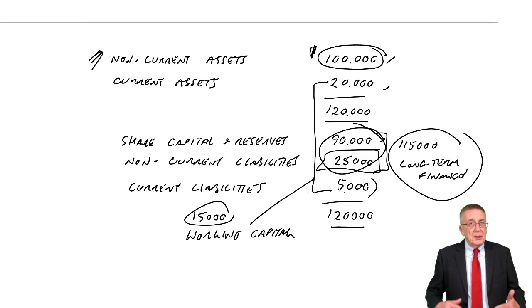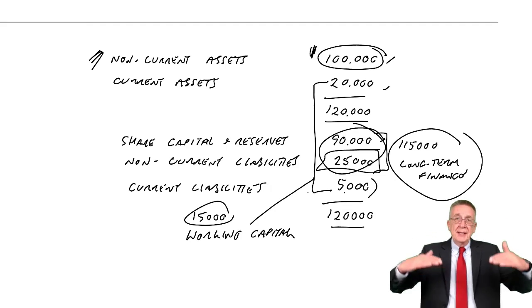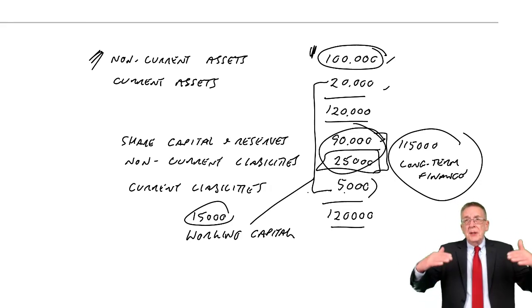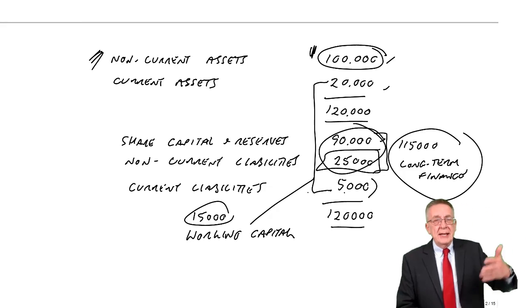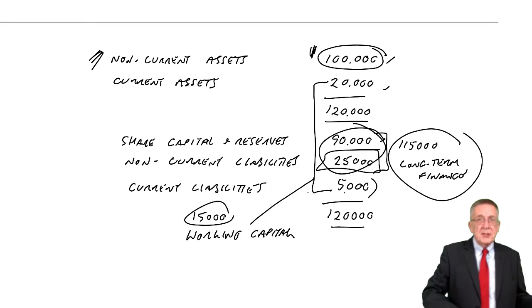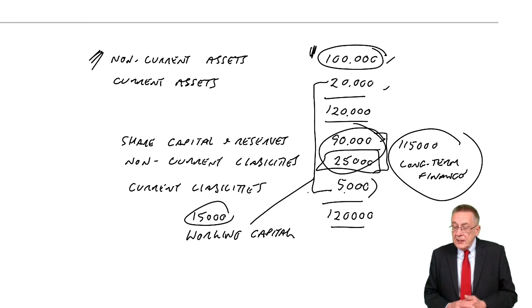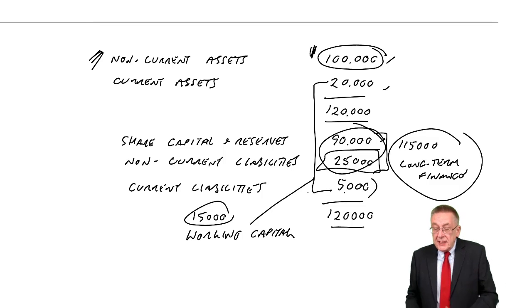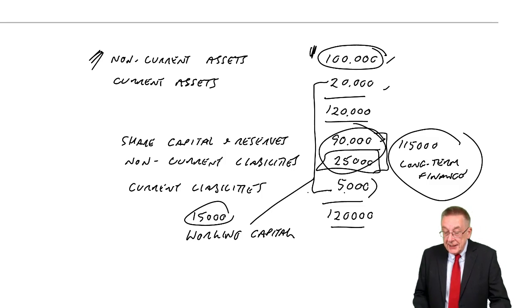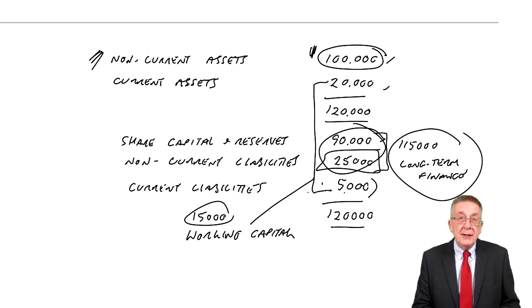But working capital stands to fluctuate. You sell goods, you have high receivables, they pay, your receivables go down, inventories are going up and down. And so, from day to day, you won't always need the full 15,000.